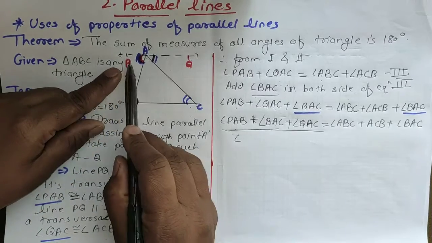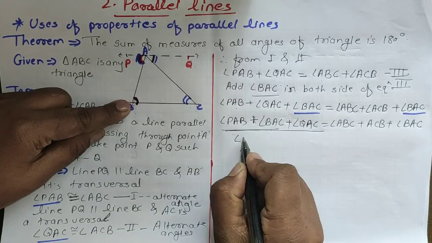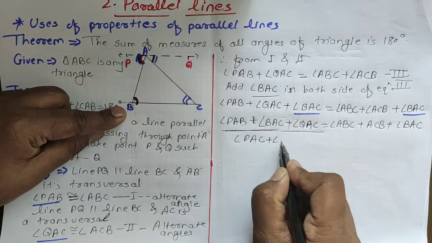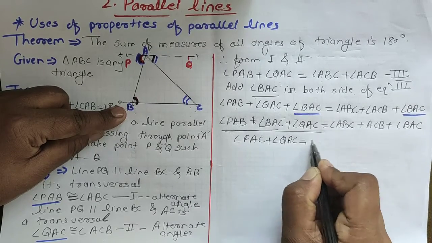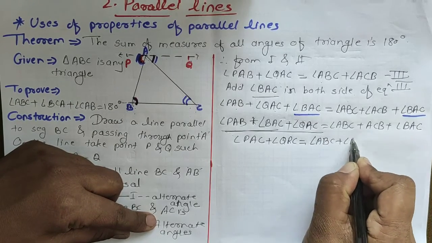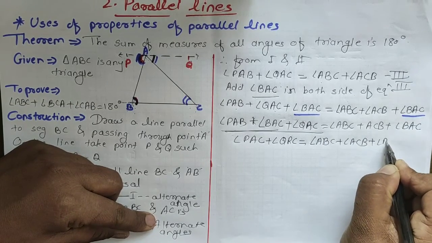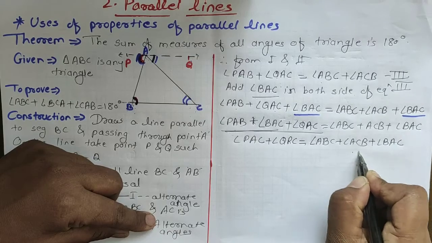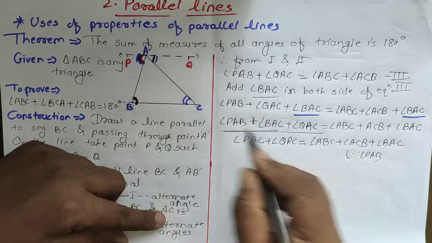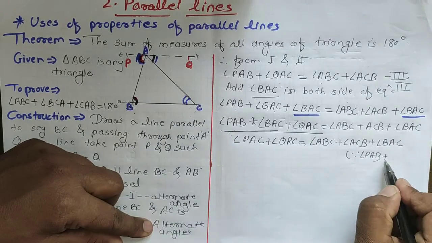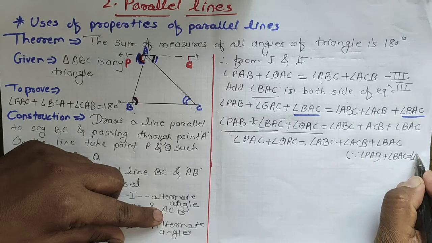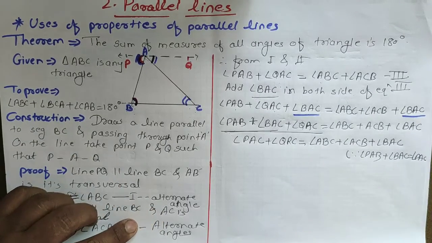But what I wrote is: angle PAB plus angle BAC is equal to angle PAC, so angle PAC plus angle QAC is equal to angle ABC plus angle ACB plus angle BAC. That is the reason for it.